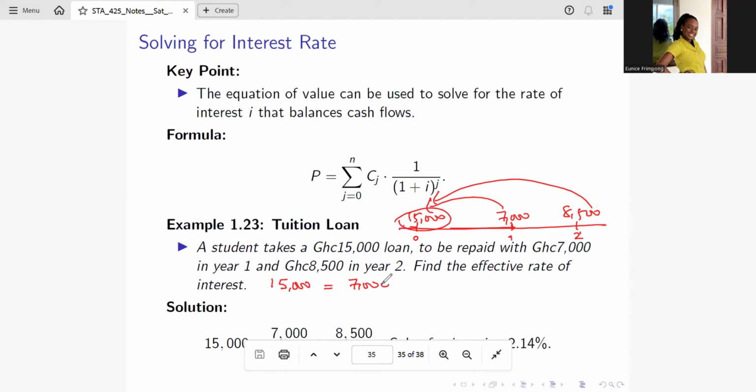So 7,000 times, I don't know what my interest is, so I'll use v to the power 1, plus 8,500 v to the power 2. So I can use quadratic equations to solve for v. Whatever value I get for v, remember v is equal to 1 over 1 plus i. So I equate it to 1 over 1 plus i. Then if I apply algebra, I can get i being equal to a particular value.